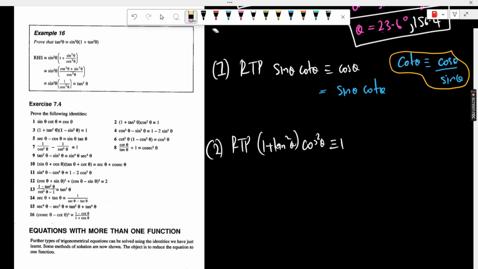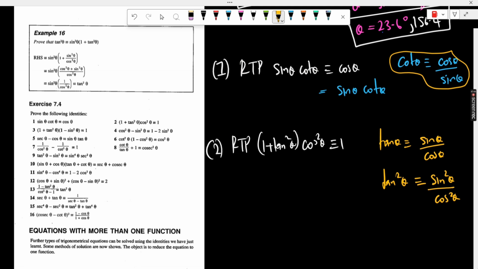So what do I do with this now? I could do one of two things. I will take different approaches. I could say, for instance, we know that tan theta is equivalent to sine theta over cos theta, which means that tan squared theta is equivalent to sine squared theta over cos squared theta.